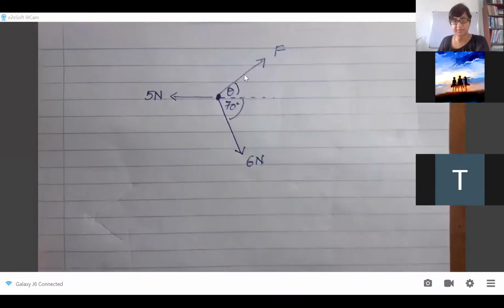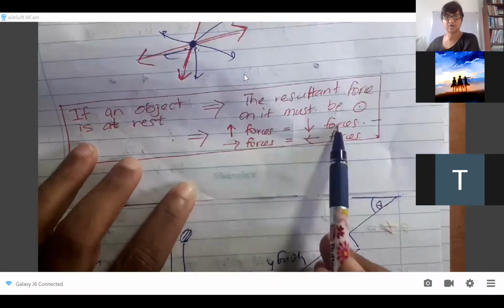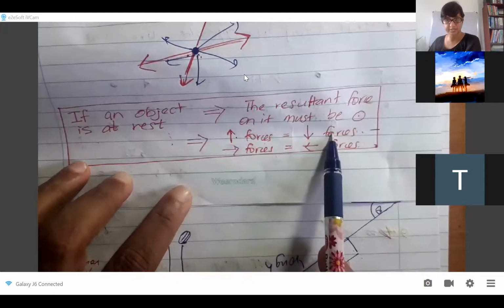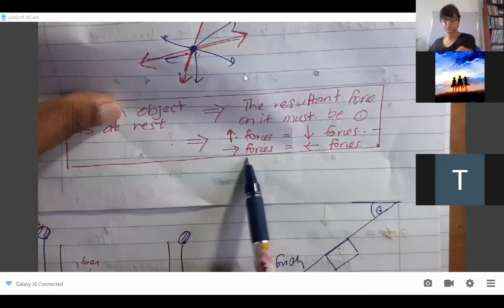So what you can do is consider the horizontal equilibrium and the vertical equilibrium. These two formulas. You can equate the total upward forces to the total downward forces and the total rightward to total leftward.